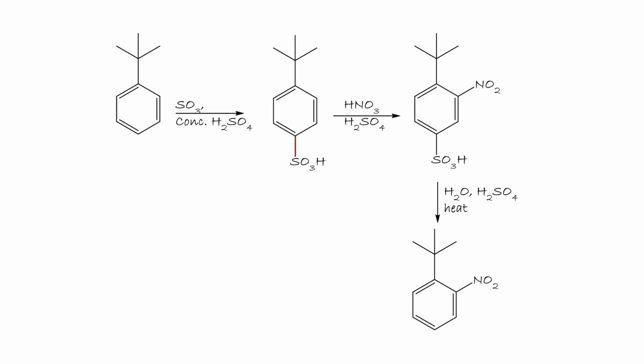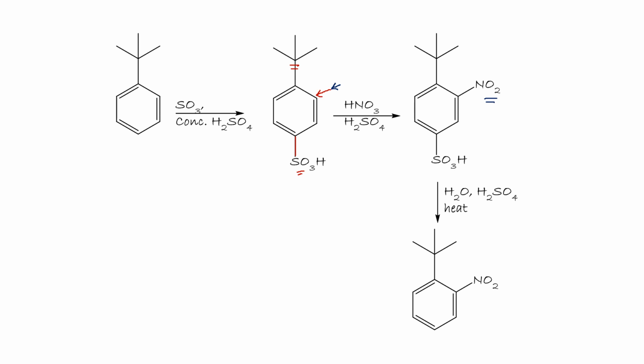Then we nitrate using nitric sulfuric. For this group, ortho, for this group, meta. They are following guideline 1 in the same direction, so we get nitro in this position, right?